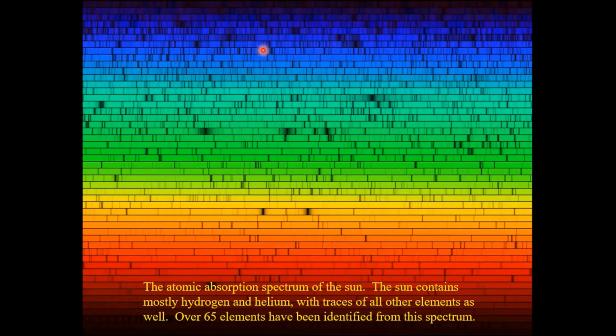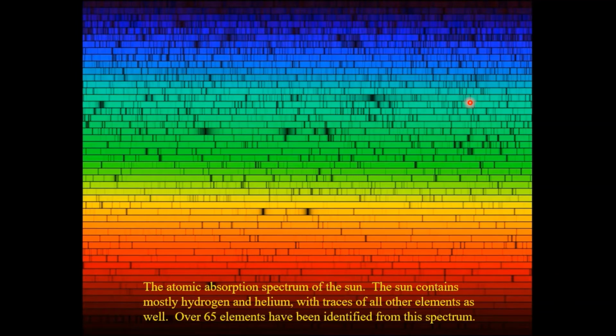But within this spectrum here, these dark lines represent absorption lines, and we'll talk about this later in the course when we talk about astronomy. But for now, the absorption lines are associated where the emission lines would be. These have to do with different energy levels for all of the different elements that exist in the sun.